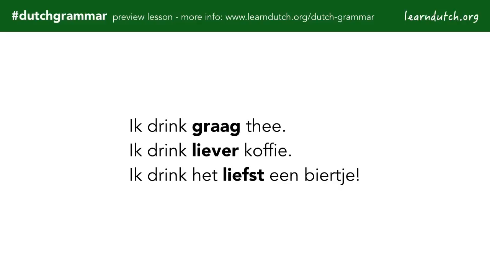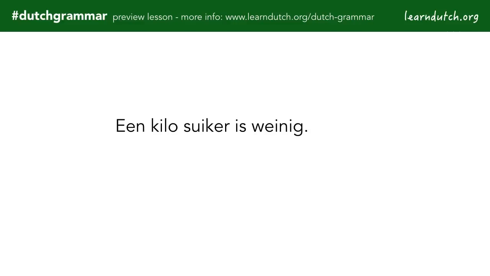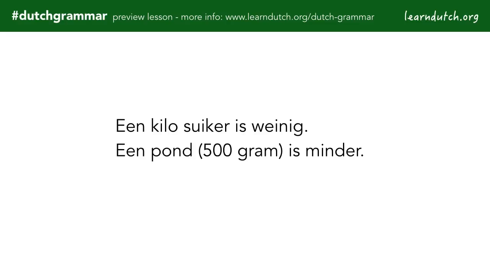The last ones are opposites. Veel en weinig. Weinig means both little and few. Een kilo suiker is weinig. A kilogram of sugar is little. Een pond, 500 gram, is minder.